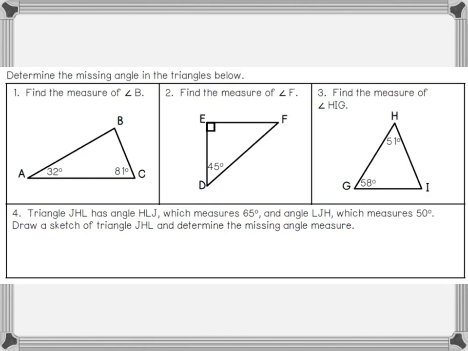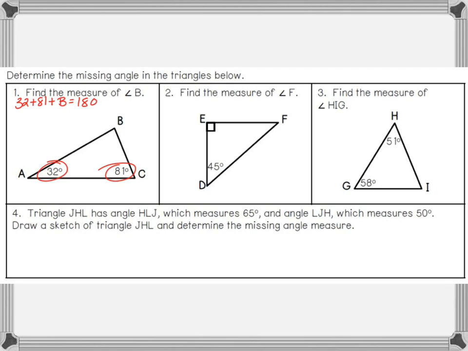Now we can also, like I said, set up equations to find the missing angle. It's important that you know how to set up the equations. That is required as a sixth grader: you need to be able to set up and solve equations to find a missing angle. So in this case, they give us two angles, 32 degrees and 81 degrees. We would say that 32 plus 81 plus angle B altogether need to total 180.